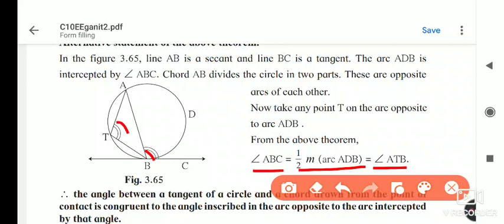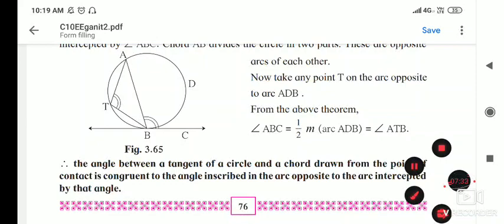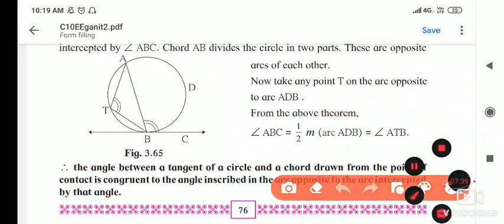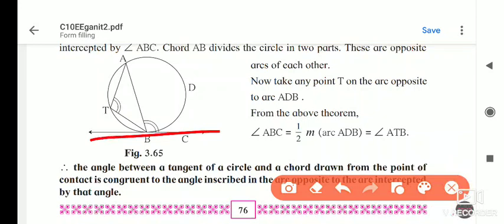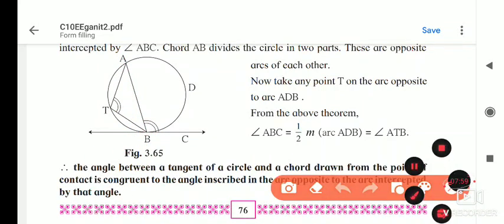So from this proof we will write the statement for the theorem. What is the statement? The angle between a tangent, this BC is a tangent of a circle, and a chord drawn from the point of contact, which is here B. From B if we draw the chord, AB is a chord, BC is a tangent.